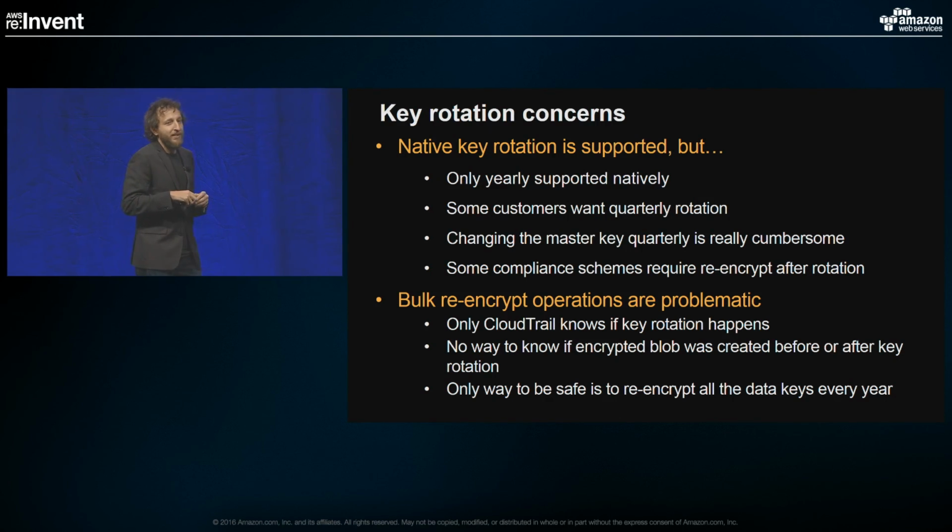Furthermore, some compliance schemes require that the data encryption keys be re-encrypted after the key has been rotated. The issue with these bulk rekey operations is that only CloudTrail knows if a key rotation has happened. As of now, there's no way to tell if an encrypted blob was created before or after the key rotation. And the only safe way for us is just to go and re-encrypt all the data keys over that period.